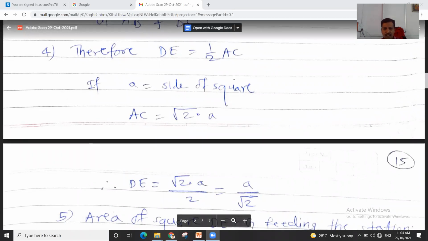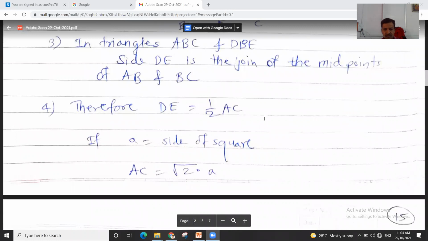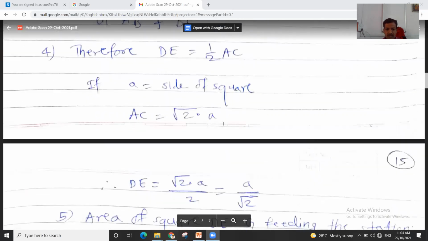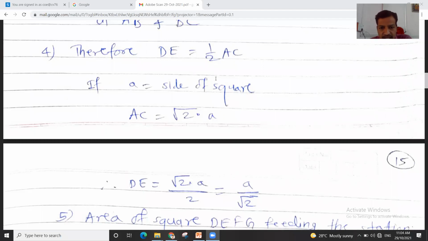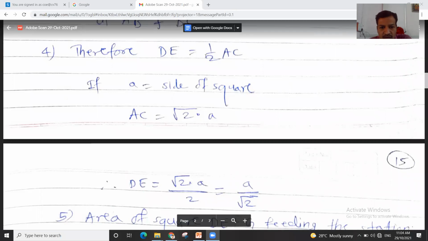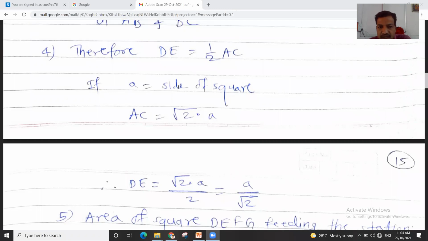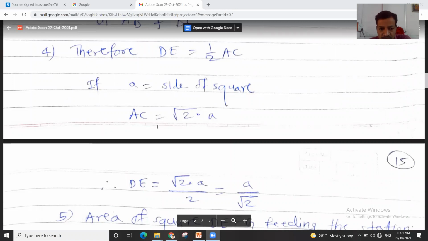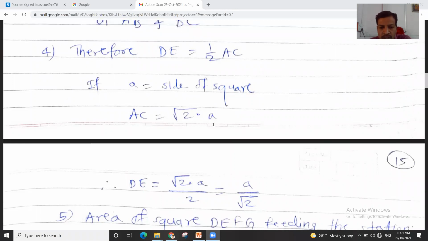The D is 1 by 2 AC, so D is half of AC. The side of the square is denoted as small a. The AC equals root of 2 into a.